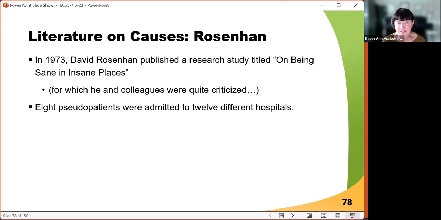And this research, because of the methods that were used, was then ignored afterwards, even though the learning of this research project is critically important.